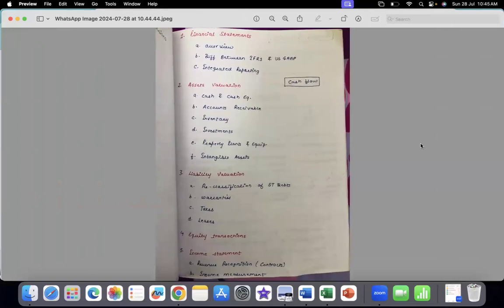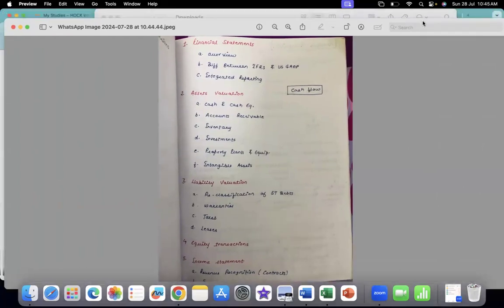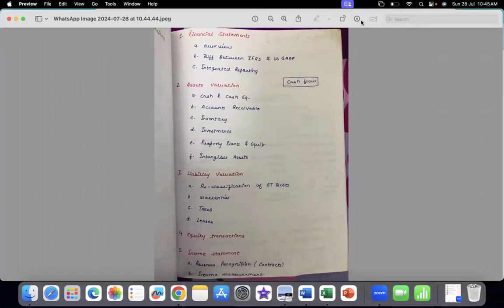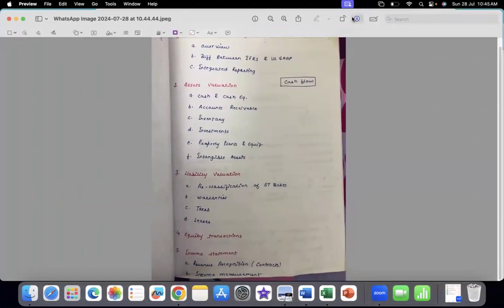So what I'll suggest is that you should be concentrating on these topics on a primary basis, whoever is doing part one, part two, or any of the things which you want to address.